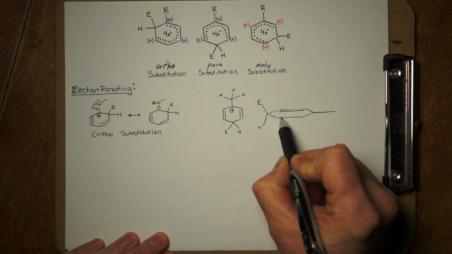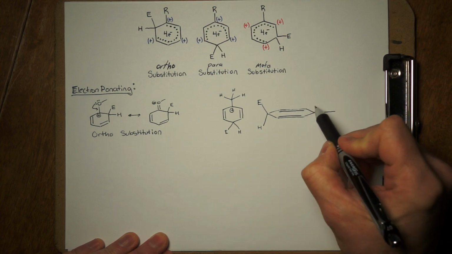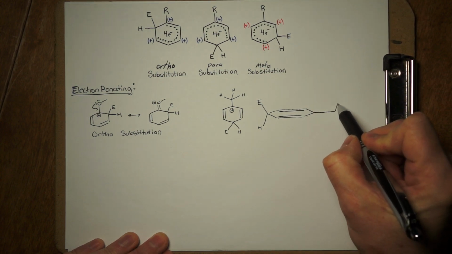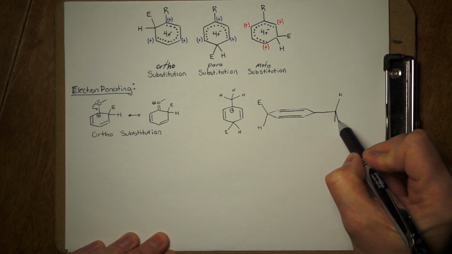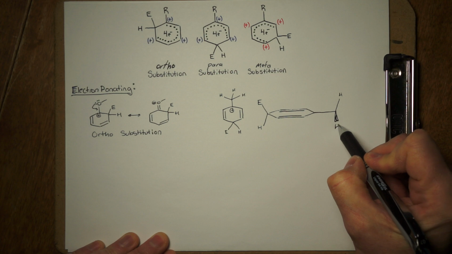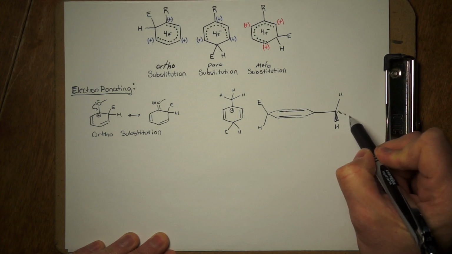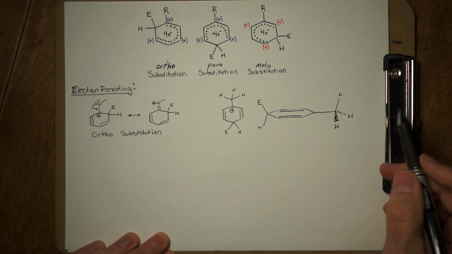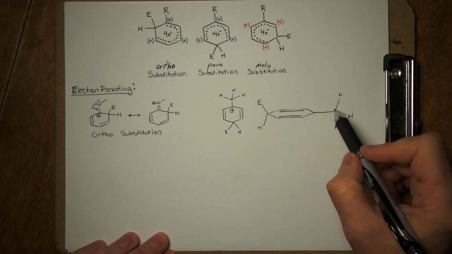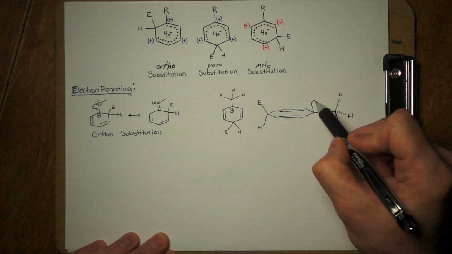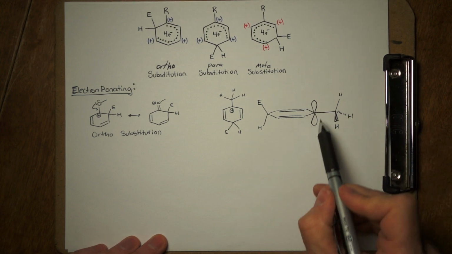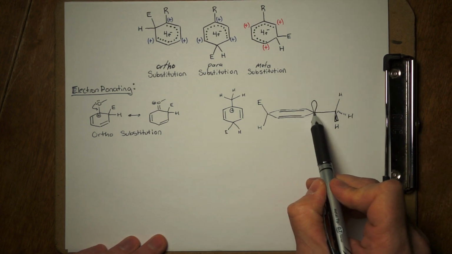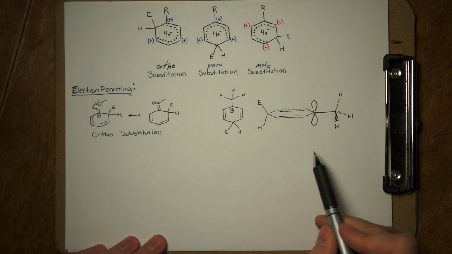Pi bonds are down the side of the benzene ring. It's our hydrogen, one of our hydrogens from the methyl group. And the methyl group, remember, is an sp3 center, so it adopts a tetrahedral geometry. And then here's our p orbital, right? And granted, the empty p orbital is going to be spread around that pi system.